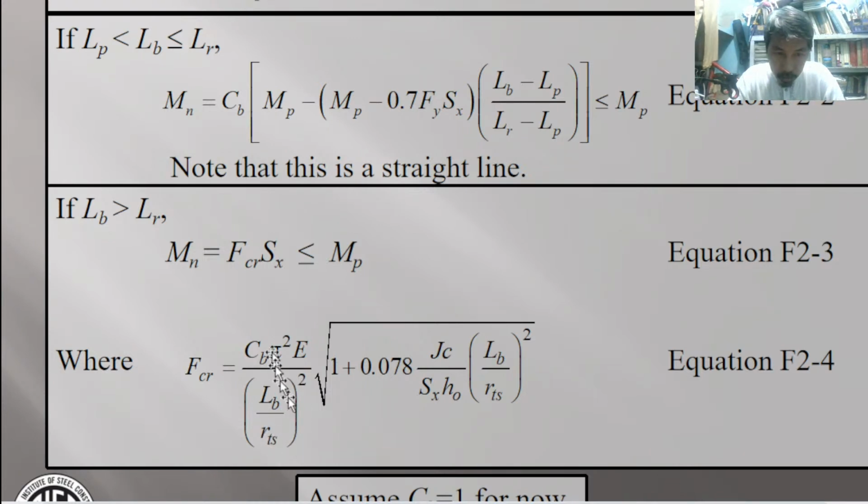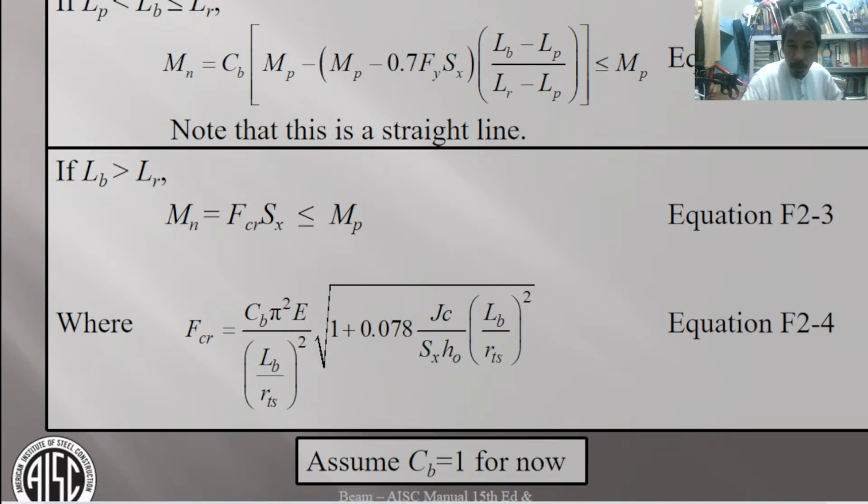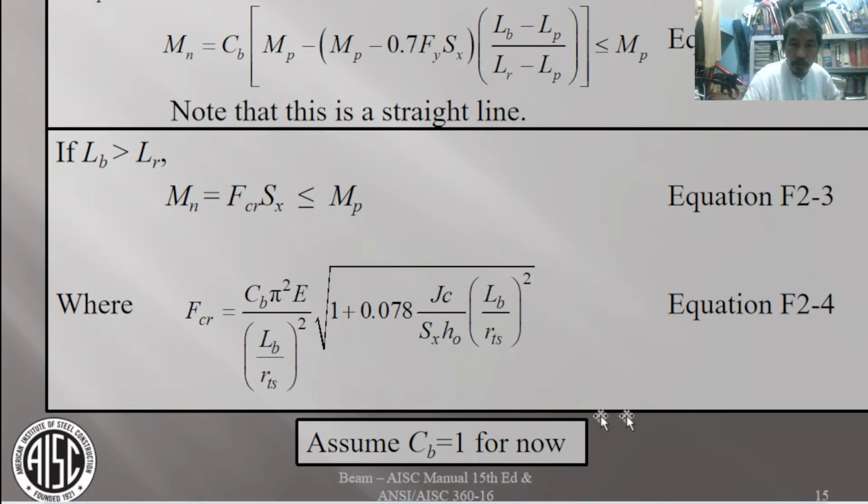Just multiply Cb. This is a modified Euler formula. This is the modification and also Cb. Assume Cb is equal to 1 for now. So this is just the remaining modification, composed of Jc divided by SxHo, and so on.